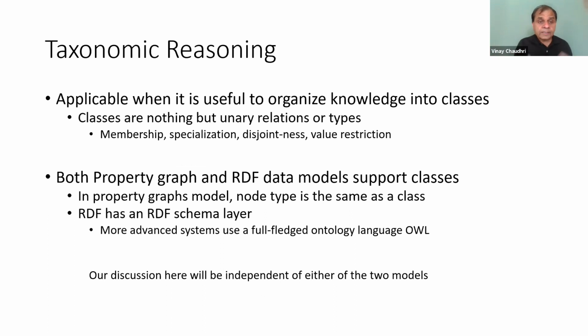Okay, let's now look at each of these two types of reasoning in a little bit more detail. The taxonomic reasoning is applicable or useful when it is useful to organize the knowledge into a set of classes, right? I mean, there are applications where it may not make sense to organize things into classes.